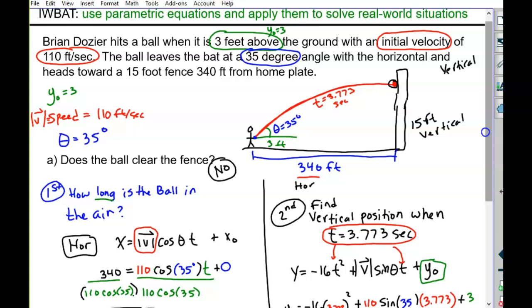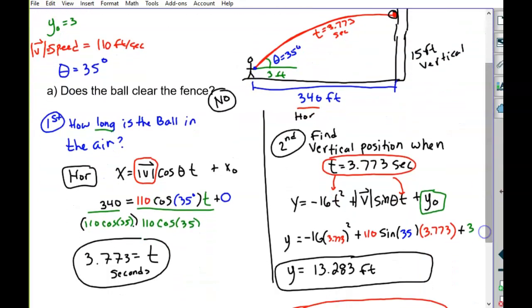So we used one of the equations to find the time, which the easiest one to do is the cosine, because there's way less in its equation. So use the x value to find the time. And then once we found the time, we could use the time to determine the vertical height of the ball. Okay? So there's a lot going on, but it's a really cool application problem.